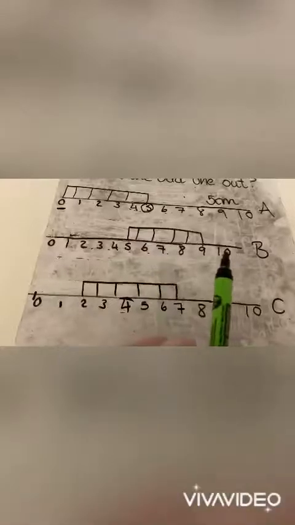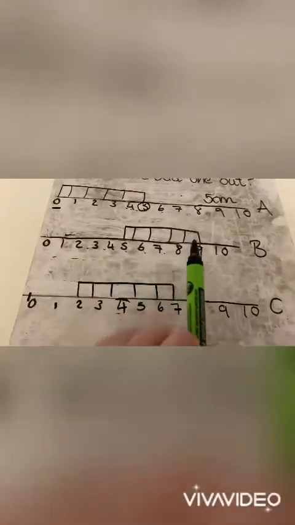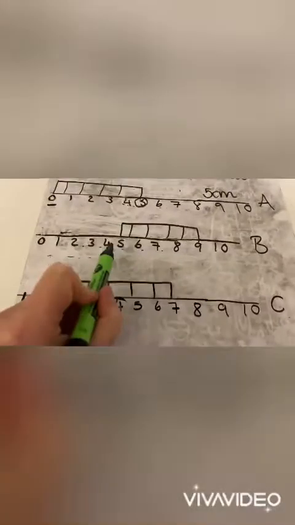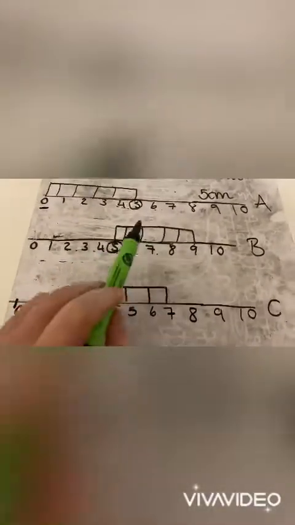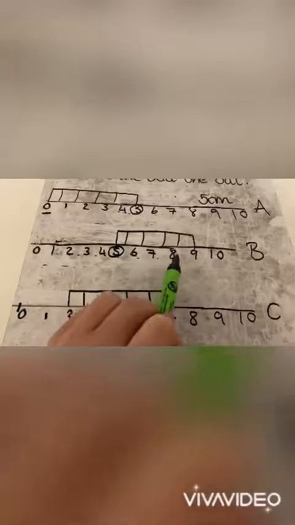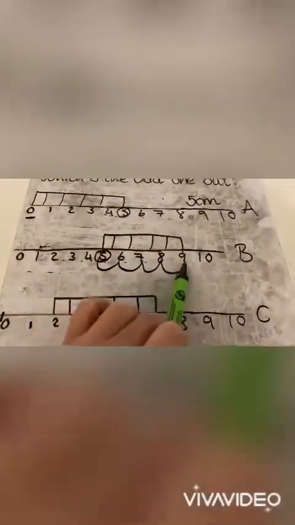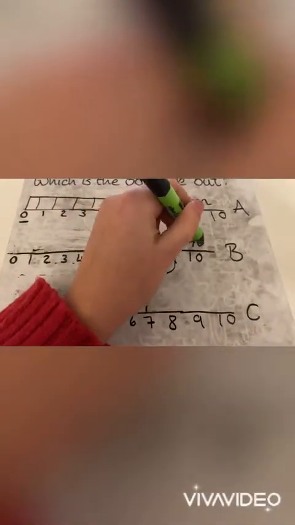Now this line here, line B, my cubes aren't sitting on my 0. So remember then, we need to start from this number here and jump up and count. So we'll go 1, 2, 3, 4. So this one is 4 centimetres long.